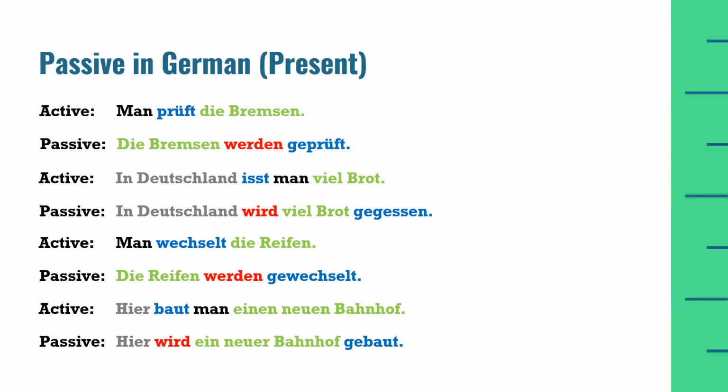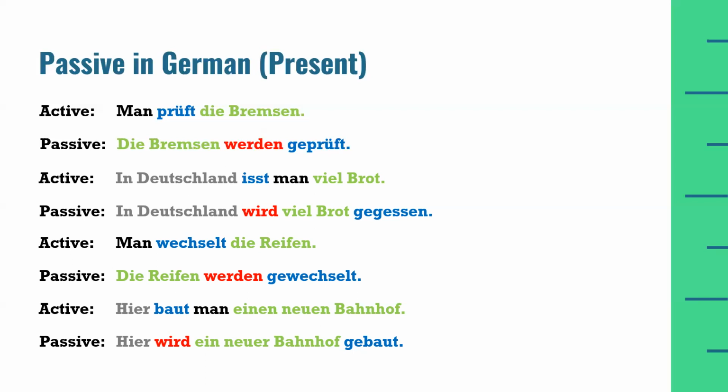Now, in the active sentence, Bahnhof is in accusative case, so we have used einen neuen Bahnhof. Einen is the indefinite article and it has an ending with en in case of accusative case, and neue is the adjective and it also has an ending of en in case of accusative case.